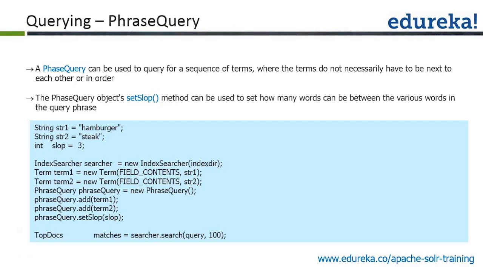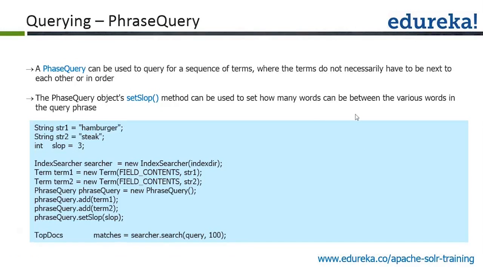If you specify a distance of not more than 3, and the sentence is, in French there are people who like fries a lot, would it find French fries?